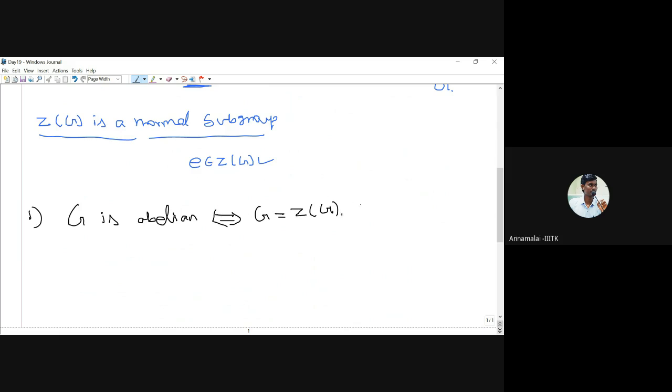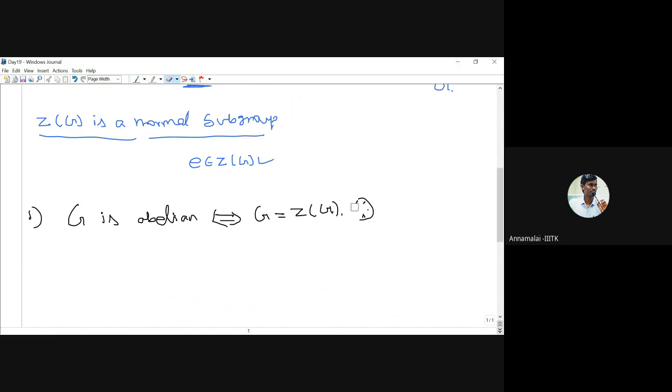It's a very, very important point. We can easily prove it, because in Z of G we are collecting elements which commute with every element. Since G is an abelian group, all the elements satisfy the commutative property with the other elements. Therefore G is abelian if and only if G equals Z of G.